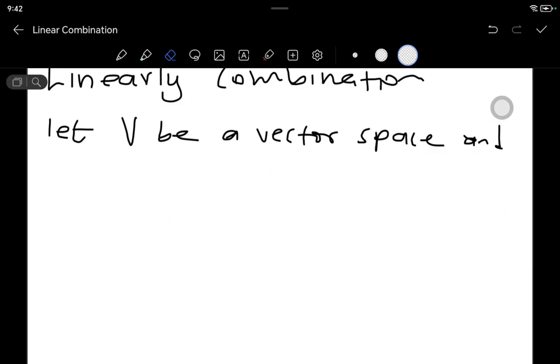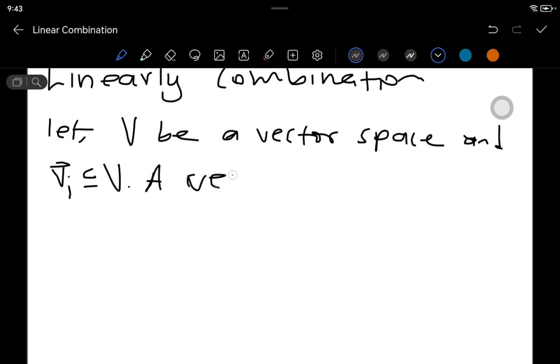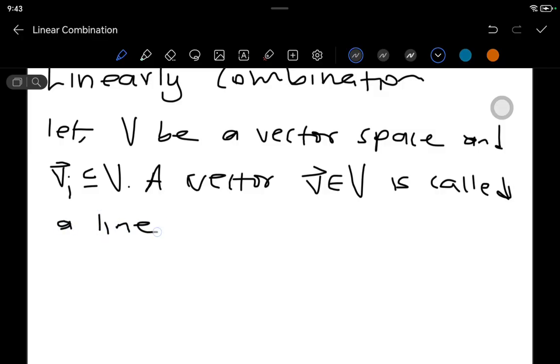Let me say that if I let V be a vector space and I take Vi to be a subset of V, then a vector V, which is an element of V, is called a linear combination of those vectors.